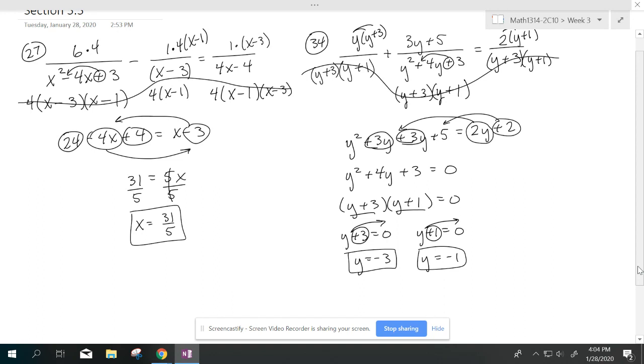So if I take negative 3 and plug it in for y, what is negative 3 plus 3? Well, can you have 0 in the denominator? Oh, so can this really be an answer? No. So that answer's no good. Did you see that? If it makes the denominator 0, it's not really an answer.